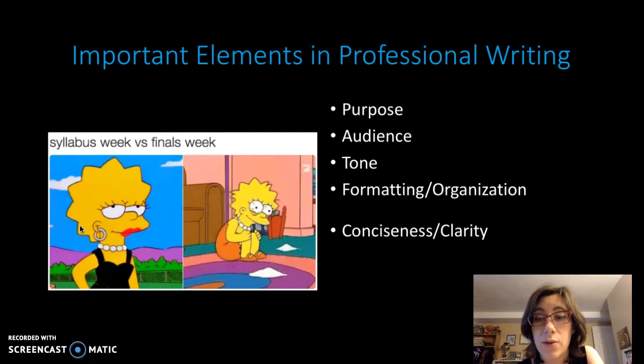Once you've addressed those and you're really happy with purpose, audience, tone, and formatting and organization, you can move to thinking about conciseness and clarity, your visuals or graphics, and your grammar. Okay? So these are listed in order of importance, but you should get to all of them.